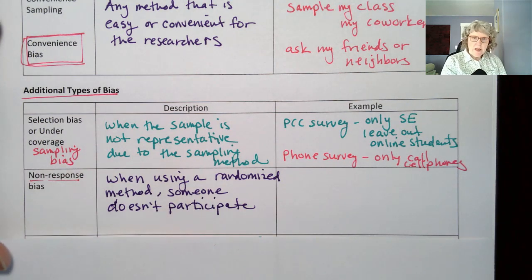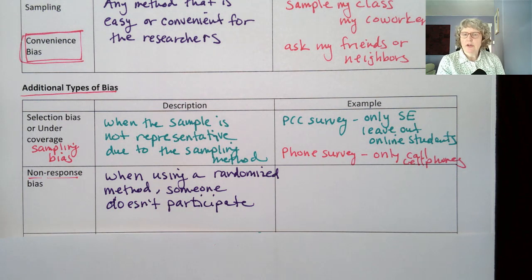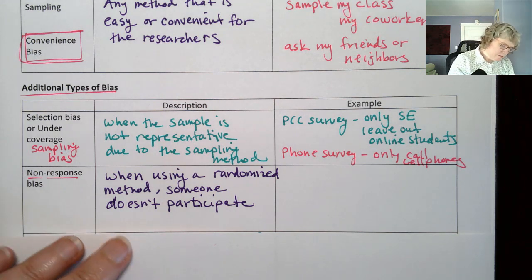Okay, that can happen. And I would probably expect that to happen, but we try to make that as small as possible, right? And we try to make sure that that's not aligned along any type of variables that we're interested in, okay? So an example would be any survey and someone doesn't fill it out.